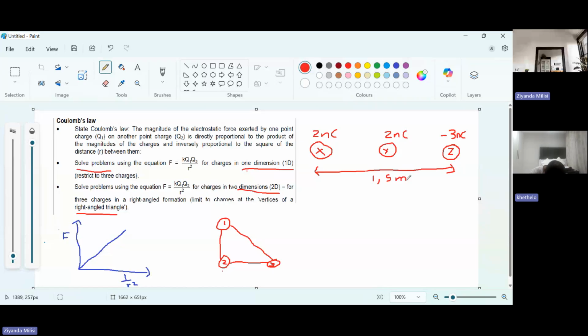Your distance must be in meters. Then the distance from Y to Z is 0,6 meters.